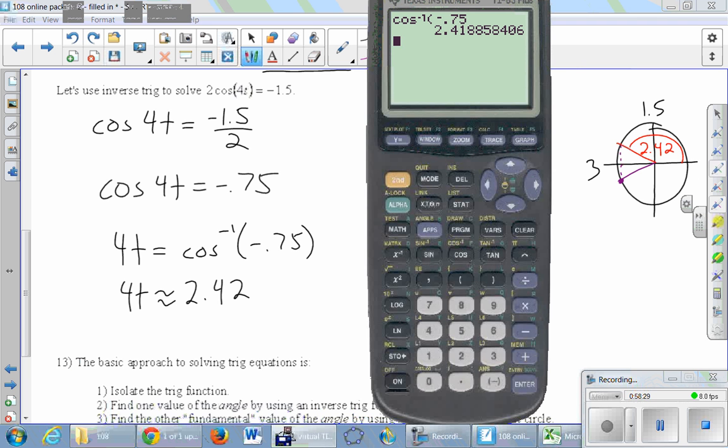And we want to find what the real angle is. First, we need to know what this green one is because that's the same as this green one. So green is definitely pi minus 2.42.